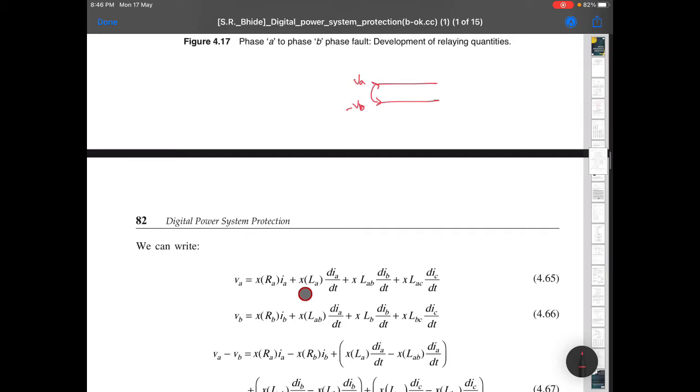Due to self inductance it is x times La into di by dt.